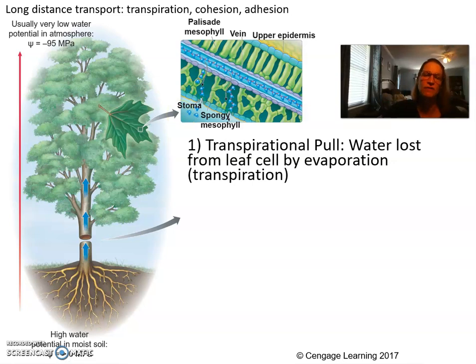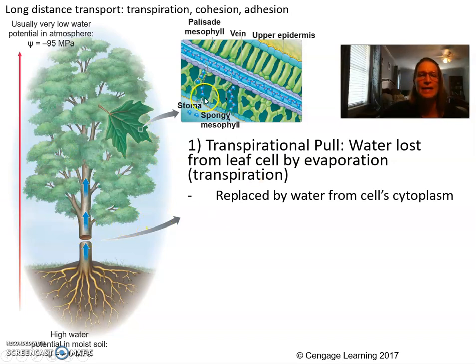And that is essentially the first step in moving water from the roots up the stem and to the leaves. Water is eliminated or evaporates from the leaves, and it's going to essentially leave a place for more water to occupy.